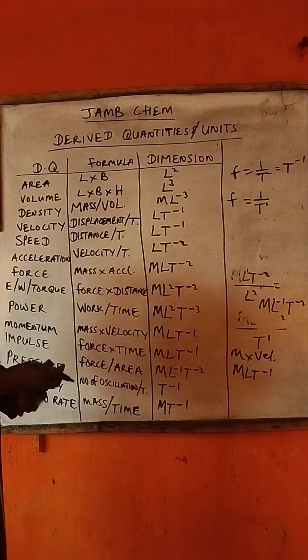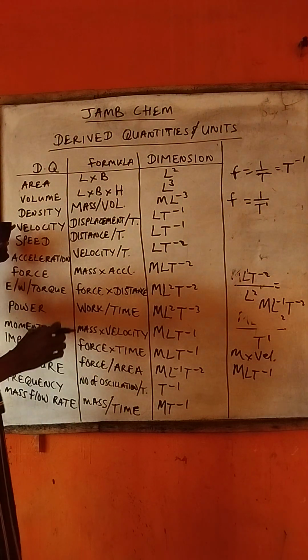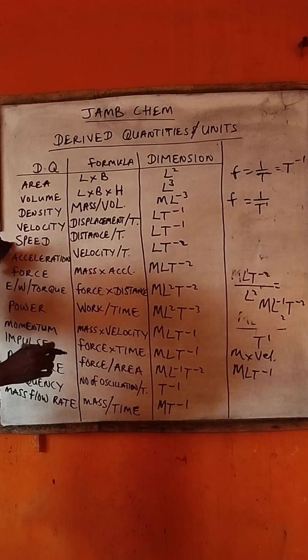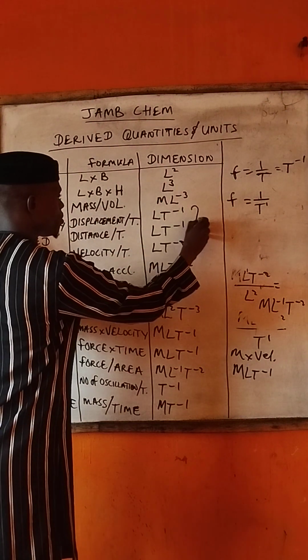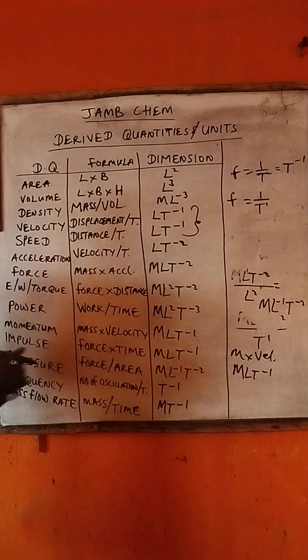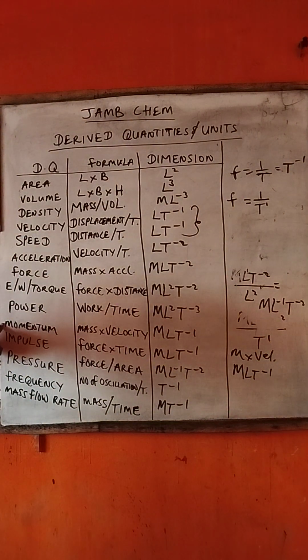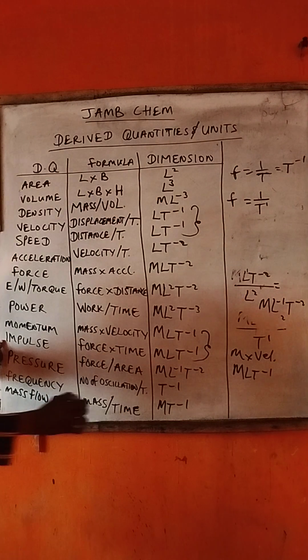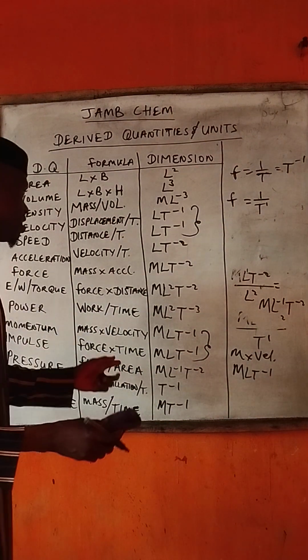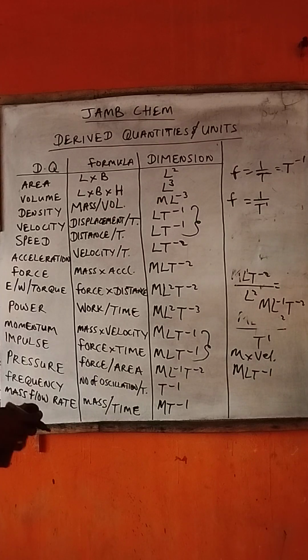And there's something common here. Speed and velocity have the same dimension, and at the same time momentum and impulse have the same dimension. Just take note.